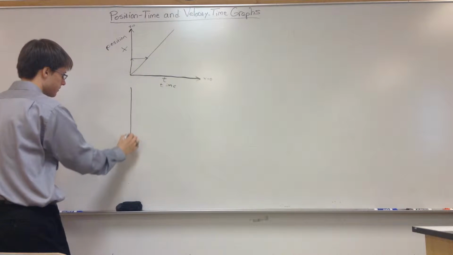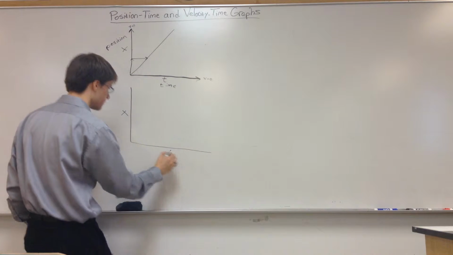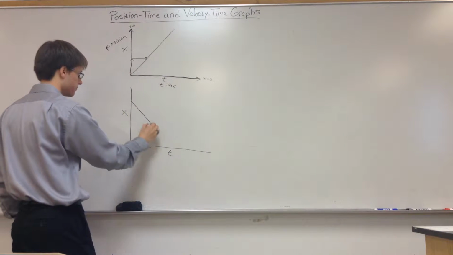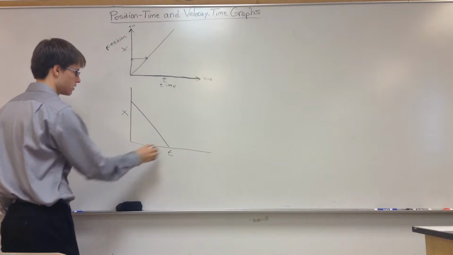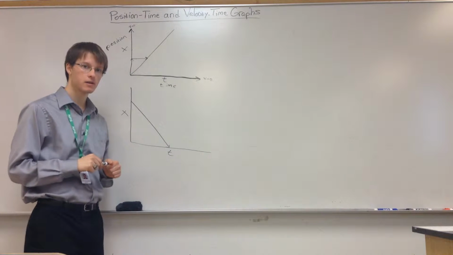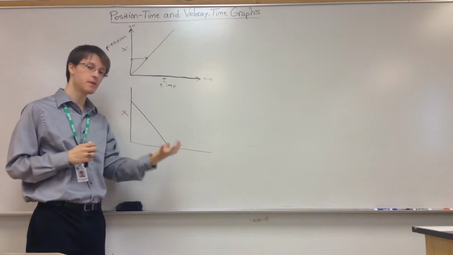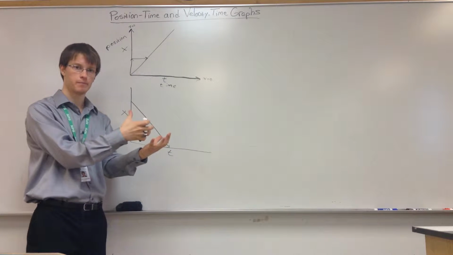I could also have something that looks like this. Now, this has a negative slope, which means I have a negative velocity. What does it mean to have a negative velocity? Remember that velocity is speed with a direction tacked onto it, right?